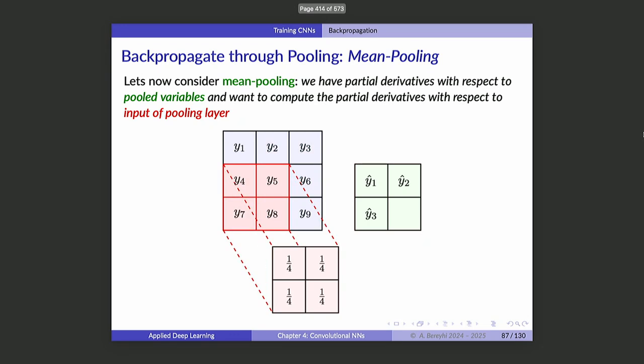So I should have the partial derivative of r hat with respect to y hat 1 and the partial derivative of r hat with respect to y hat 2. And is there anything involved here? 1/4 here and 1/4 here, right?